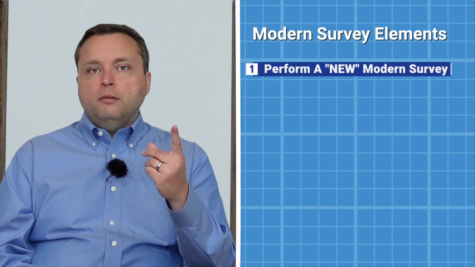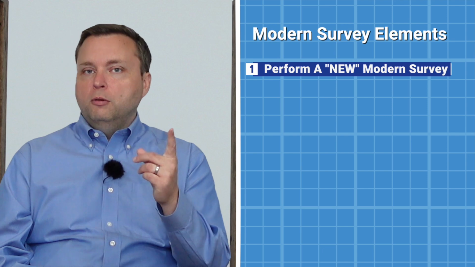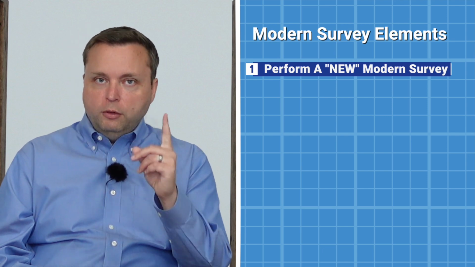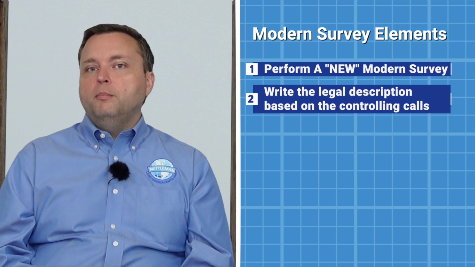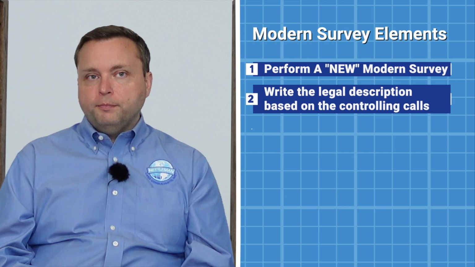And if another surveyor measures that 12-inch oak something a little different than north, or something a little different than 1,000.00 feet, that's perfectly fine. So tip one, you need to make sure that you do a modern survey, a new survey. Number two, you write your legal description based on the controlling calls.